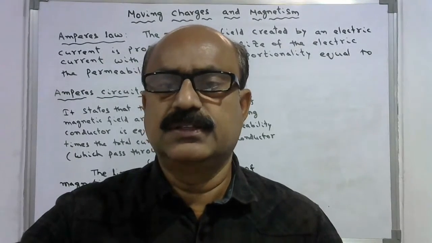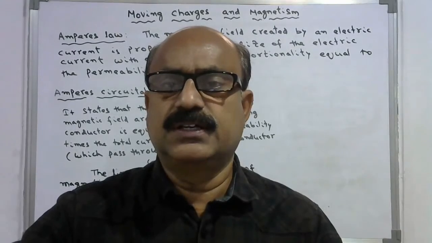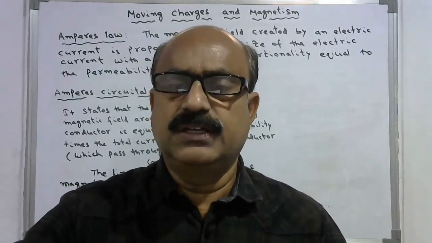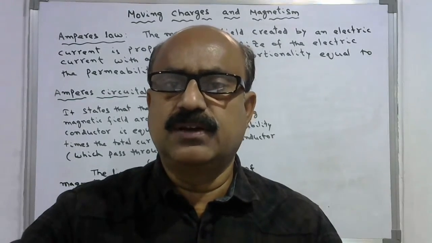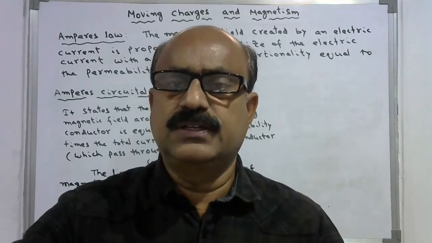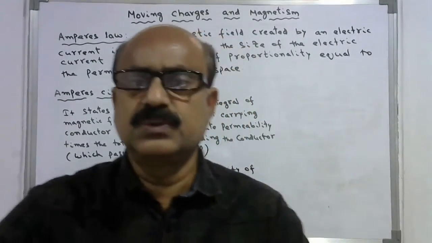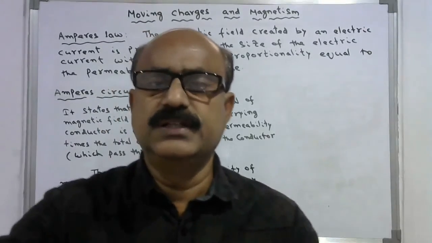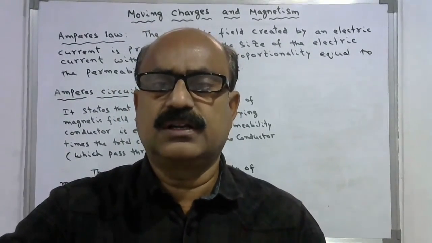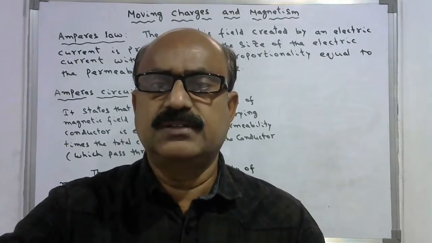That means it is a relation established between the intensity of the current in the wire and the magnetic field around the wire at any point. So it is very convenient to determine the magnetic field intensity due to a current carrying coil or a current carrying conductor using Ampere's law and Biot-Savart law.